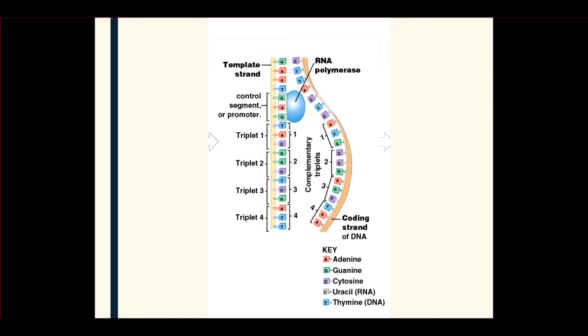Let's take a look. Before I do that, just to make sure of the things you need to know from this slide. The strand that we're going to copy, I want you to know, is the template. The other strand, I'm not really too concerned about. We just call it the coding strand.